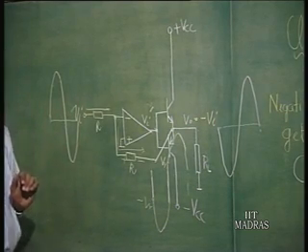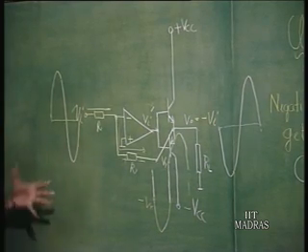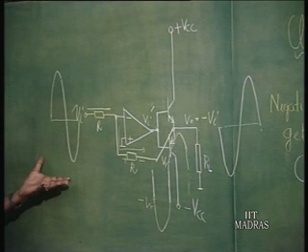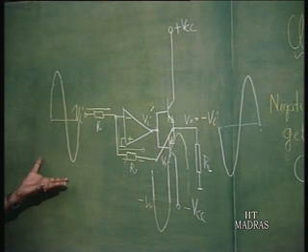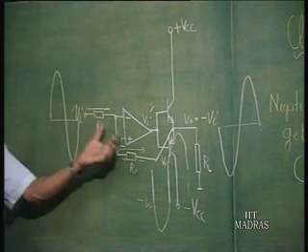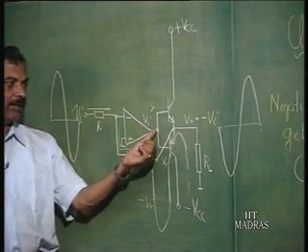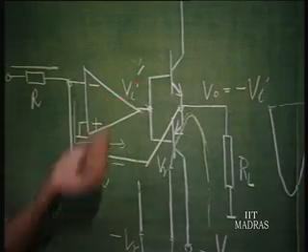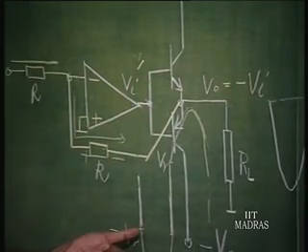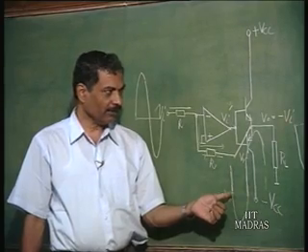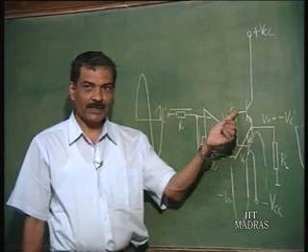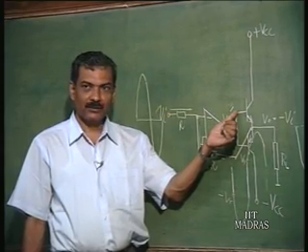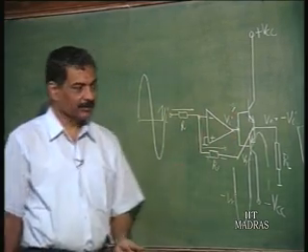So, this way we can get rid of crossover distortion very easily. The idea is the op amp under negative feedback will formulate the proper drive for the class B stage such that it will jump at the 0 crossover point, biasing the appropriate transistor so as to receive the signal immediately.